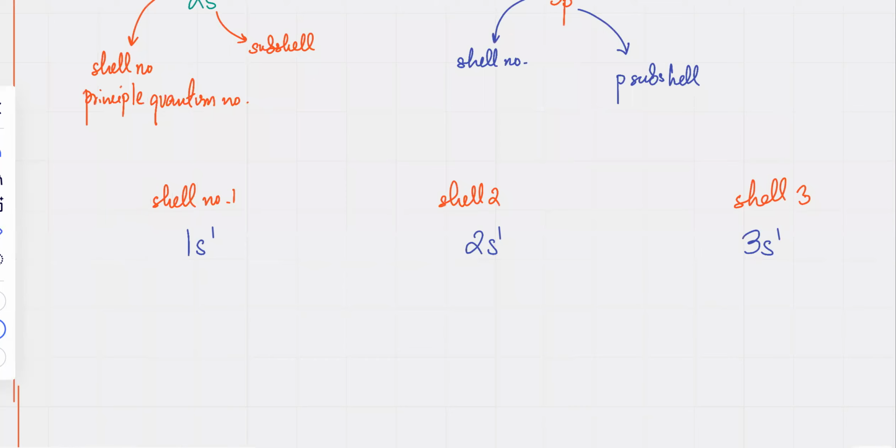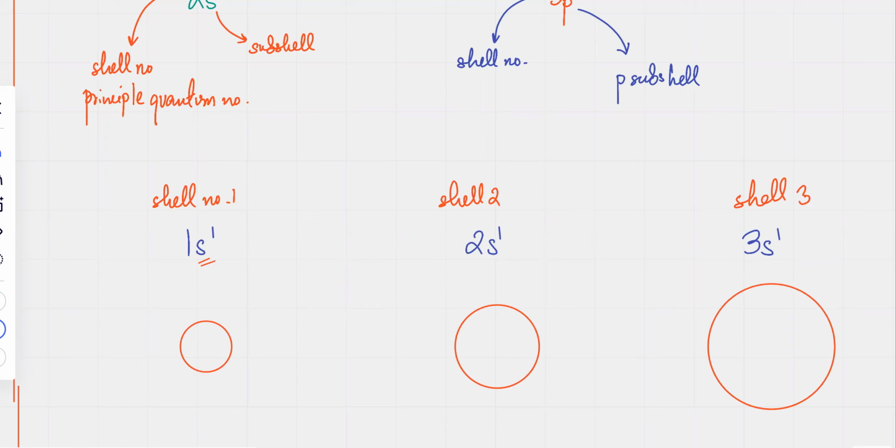What that indicates is that s means the region the electron would occupy is a spherical region around the nucleus. This is a sphere, this is also a sphere, and this would also be a sphere, but the region size would continuously increase.